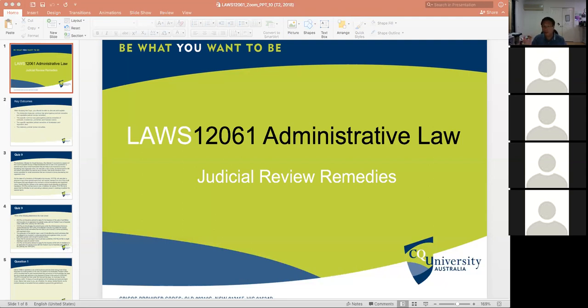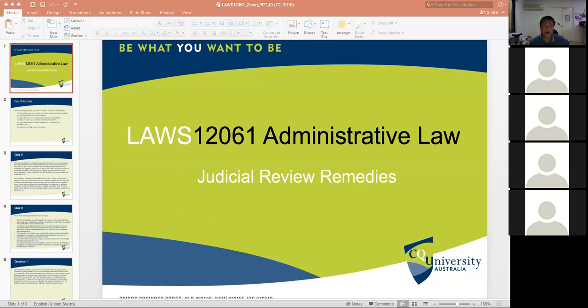And in particular, you can also look at statutory judicial review remedies in the case of the Judiciary Act of 1903 Commonwealth, which pertains to the power of the Federal Court of Australia to issue writs of mandamus or prohibition or injunction against an officer of the Commonwealth, or on the part of the High Court when it comes to Section 75(5) of the Australian Commonwealth Constitution. Okay, so that's a good backgrounder.